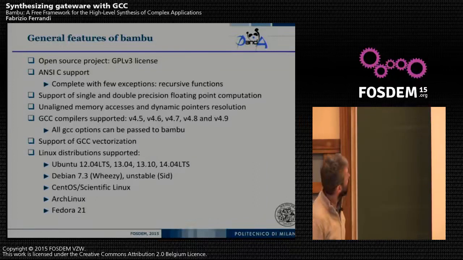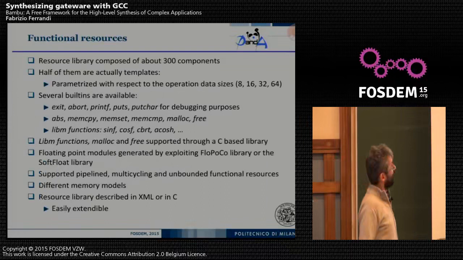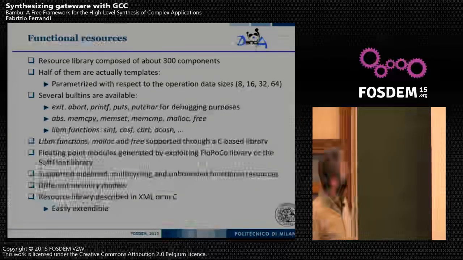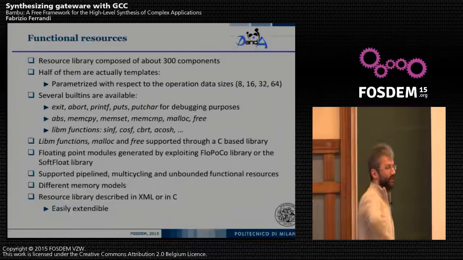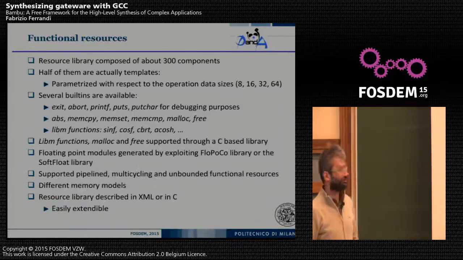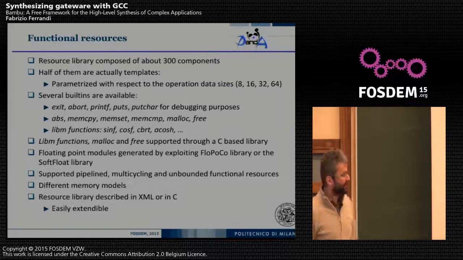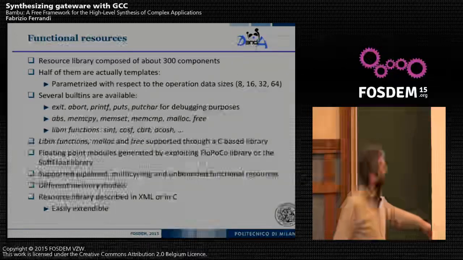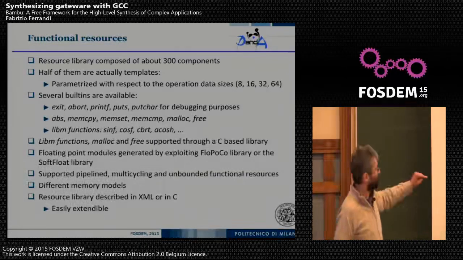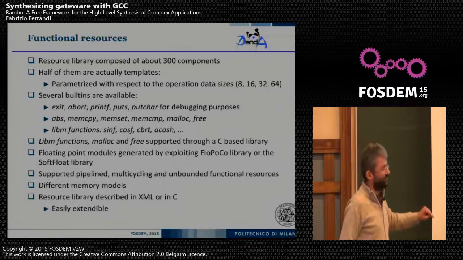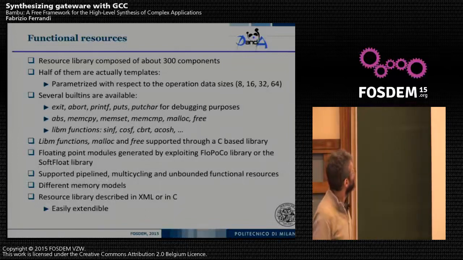And there is a rich set of components already developed that perform more or less all the basic functionality you may have at lower level internally in GCC, from addition and subtraction to floating point support. All of these are described in open source with an XML description that could be easily extended.